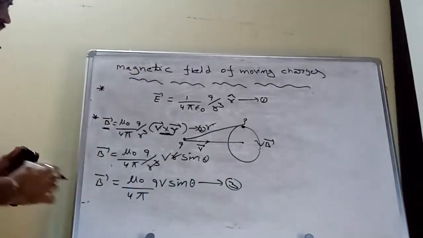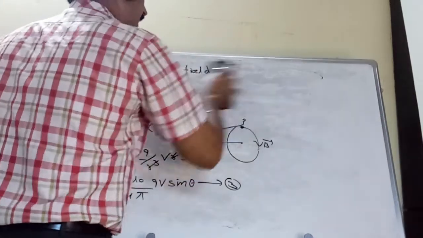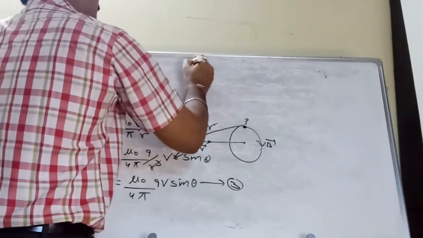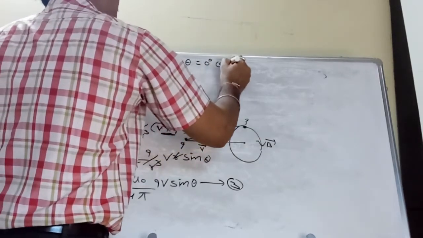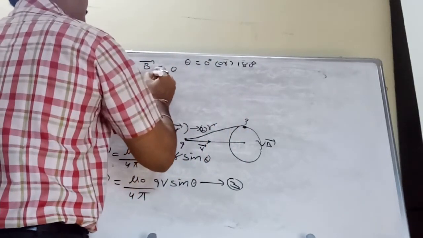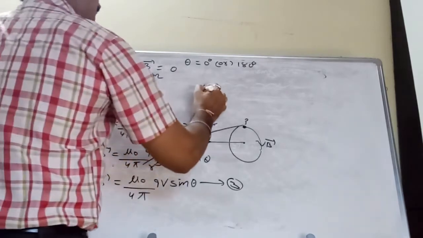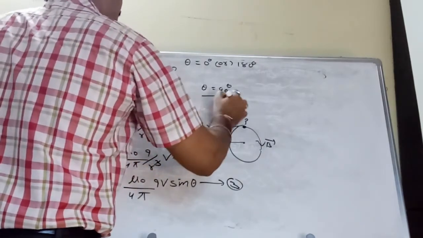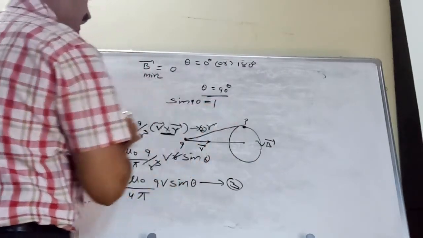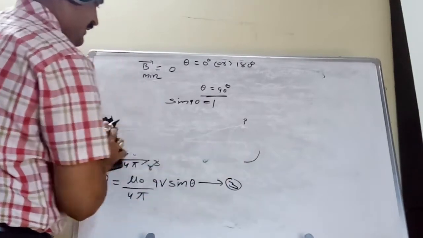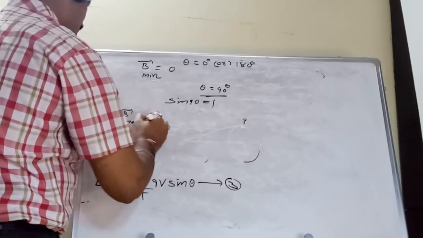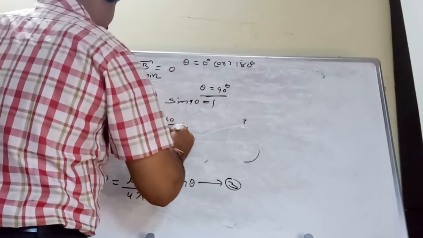This is equation 3. Here theta equal to 0 or 180 degrees, so B bar is 0, the minimum. For theta equal to 90 degrees, sin 90 equal to 1, so B bar equals B maximum, equal to mu naught by 4 pi qv.